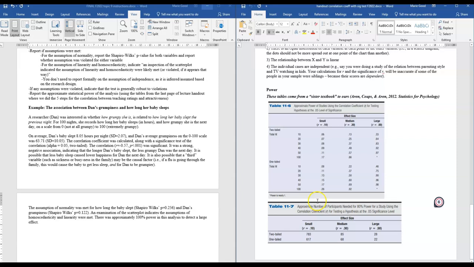And so, as per usual, we have these tables, and we have to indicate what effect size we're referring to, whether we have a two-tailed or a one-tailed test, and the total N. Again, you can see these numbers are all power values, right?